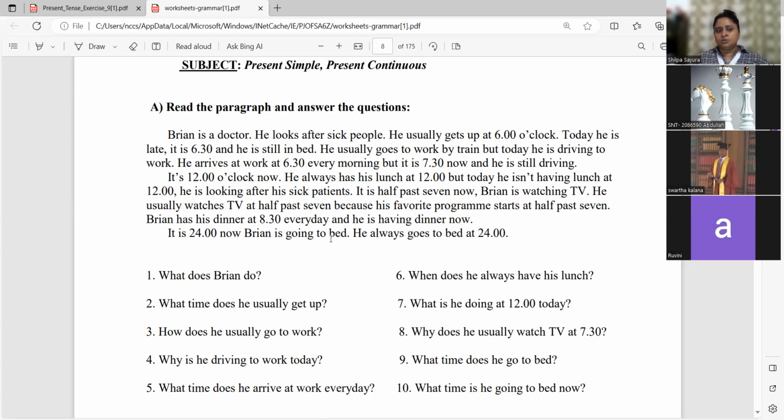Midnight. So this paragraph is basically on simple present tense and present continuous, right? So for today, I'm going to wind up the simple present tense, because we have to learn present continuous also. Next day, I'll be teaching you present continuous.